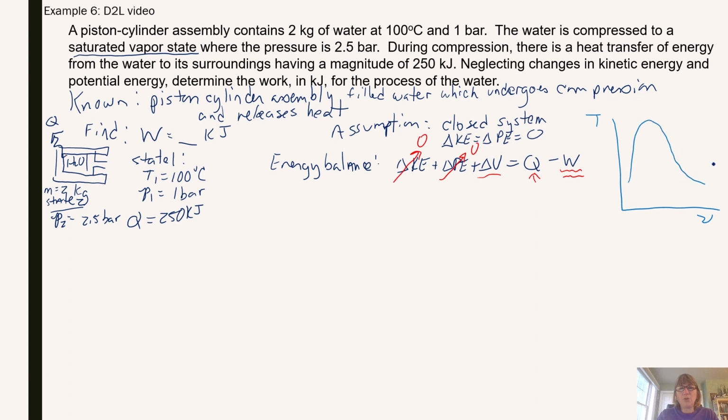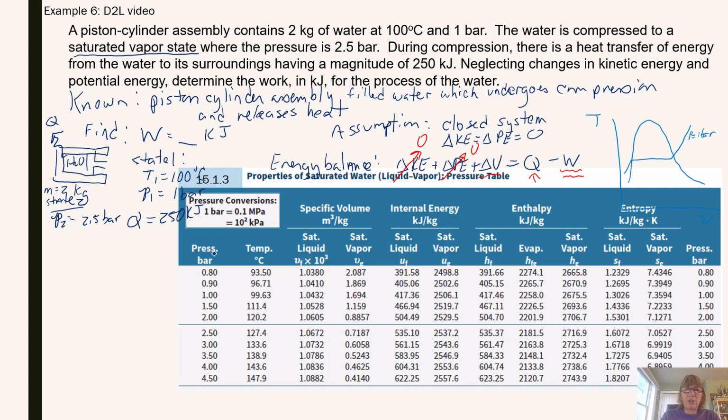Okay, so one thing to look at is our tables. If this pressure right here is equal to 1 bar, what is the temperature at 1 bar? So let's look at our tables. And here's our pressure table, and this is 1 bar.